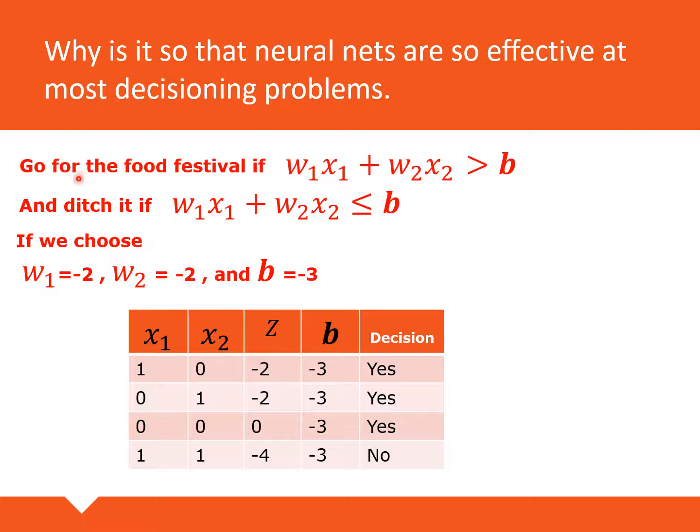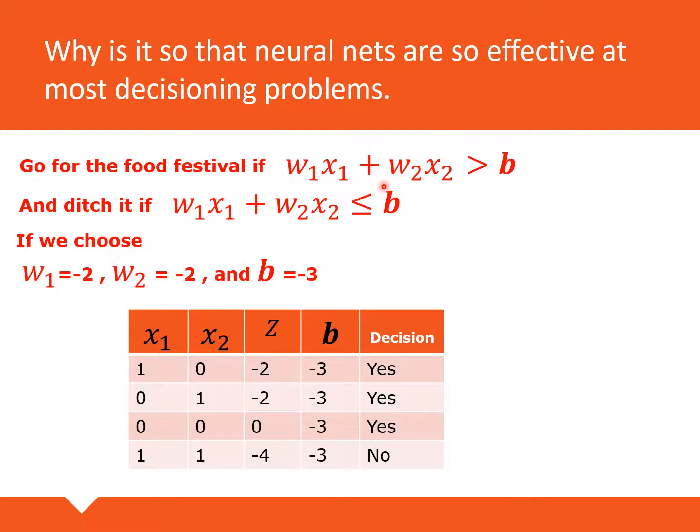As we have seen before, it calculates a linear combination of the input factors, and then does something like this. So W1 and W2 are the weights, and B is the threshold with which the comparison is made. And the decisioning rule goes like this.